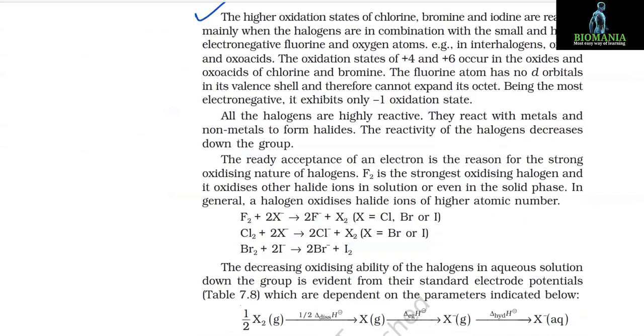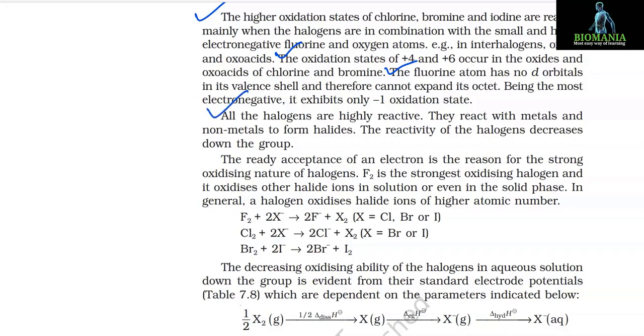The higher oxidation states of chlorine, bromine and iodine are realized mainly when the halogens are in combination with the small and highly electronegative fluorine and oxygen atoms, for example in interhalogens, oxides and oxoacids. The oxidation states of +4 and +6 occur in the oxides and oxoacids of chlorine and bromine. The fluorine atom has no d orbitals in its valence shell and therefore cannot expand its octet. Being the most electronegative, it exhibits only -1 oxidation state.